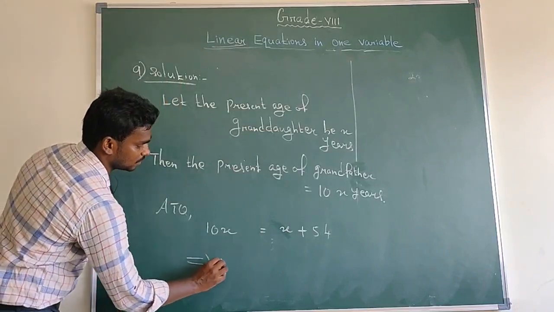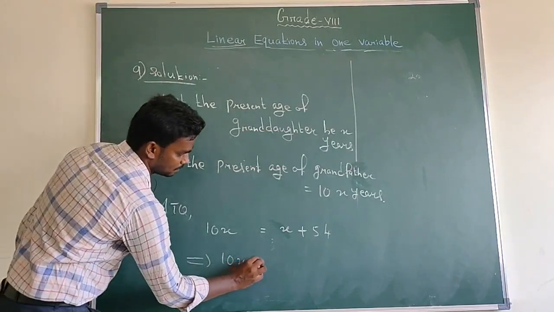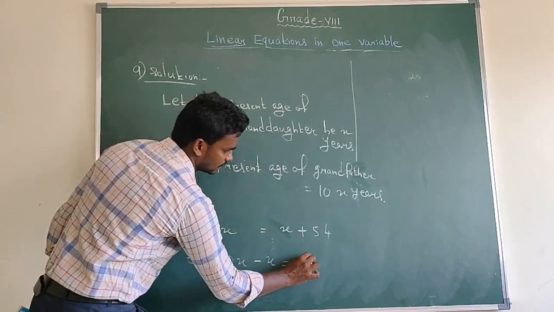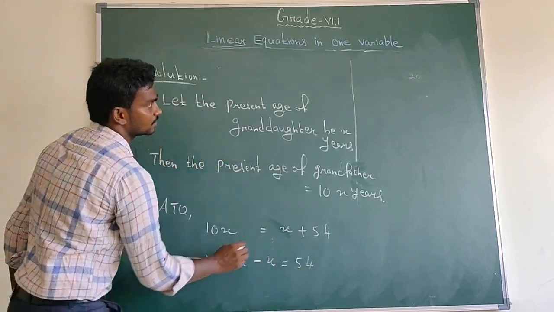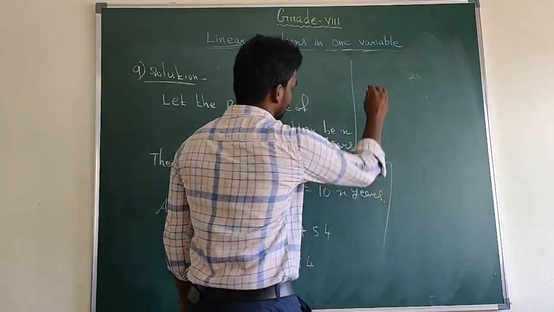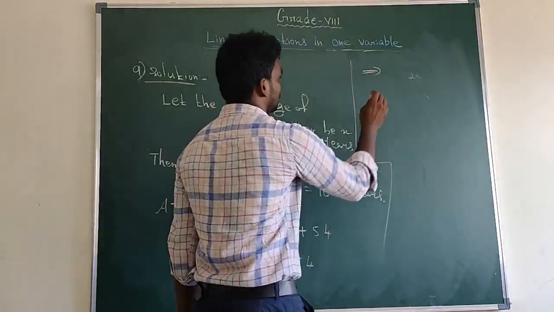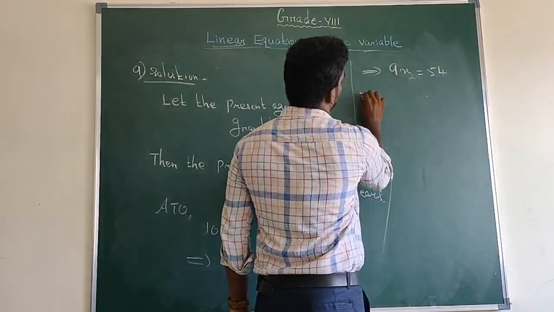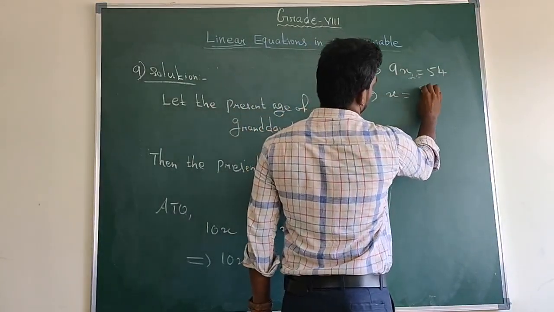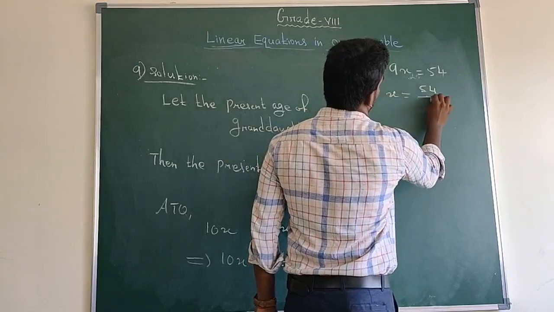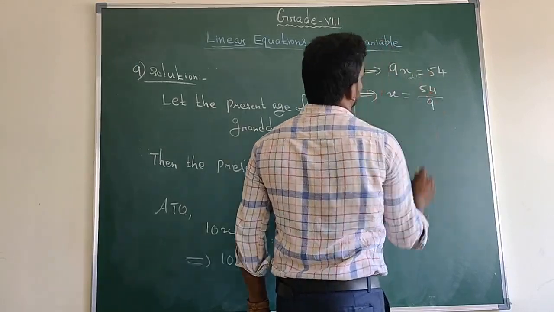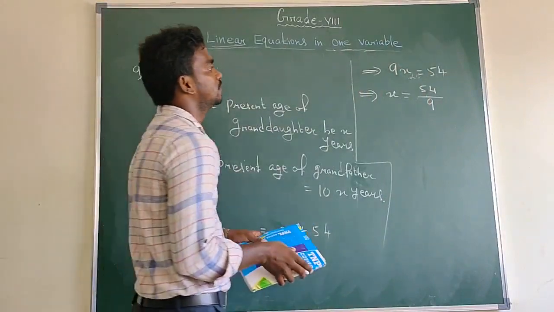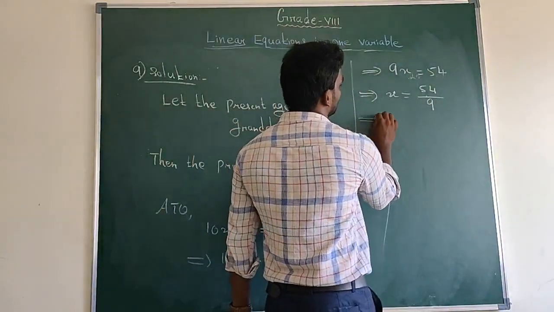Moving x to the left side, 10x minus x is equal to 54. So 10x minus x is 9x, which is equal to 54. 9x equal to 54 means x is equal to 54 divided by 9.